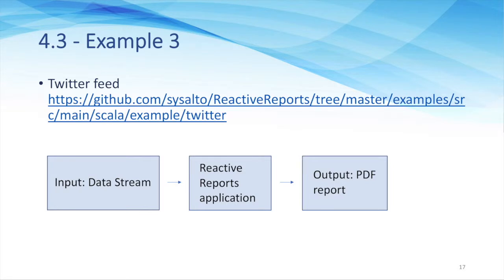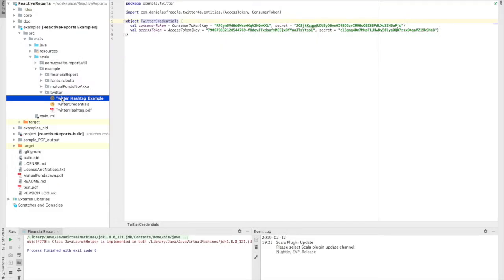The third example is one of Twitter feeds. The input this time comes as a data stream. It goes through the Reactive Reports application and it generates a PDF report. Let's take a closer look at the code for this Twitter example.